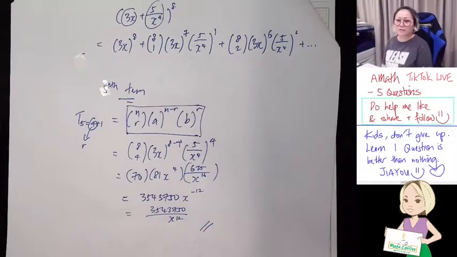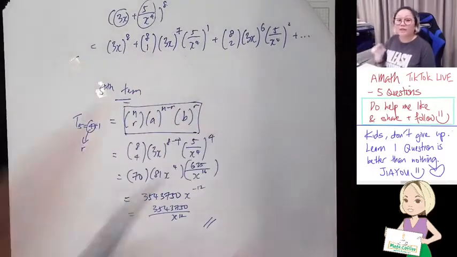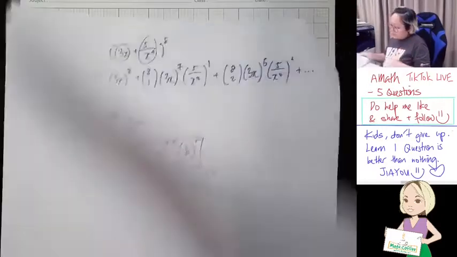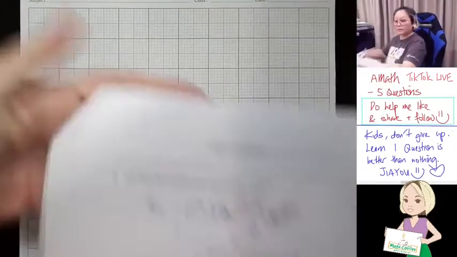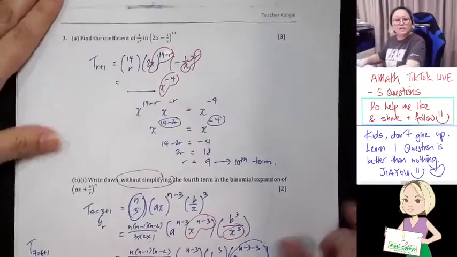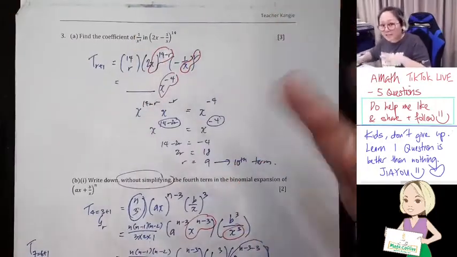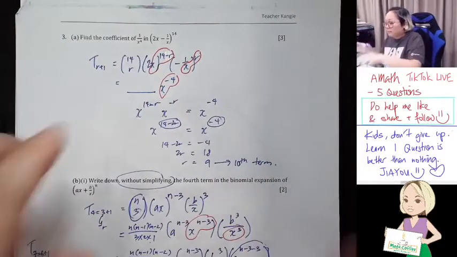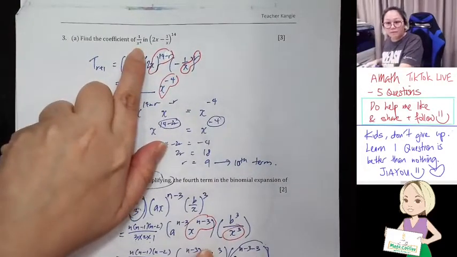Yes, correct, Samantha. Thanks for telling me that. So this one is if they ask for a particular fifth term. Remember just now the question that I asked you? This is the next so-called higher level: they ask you to find the term that has x to the power of negative 4.